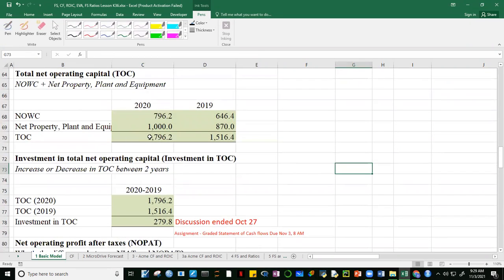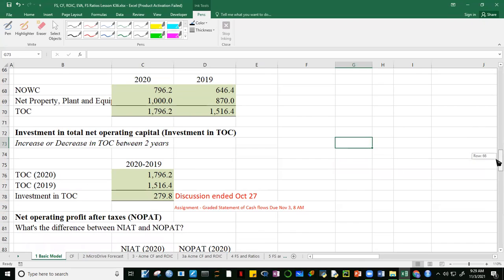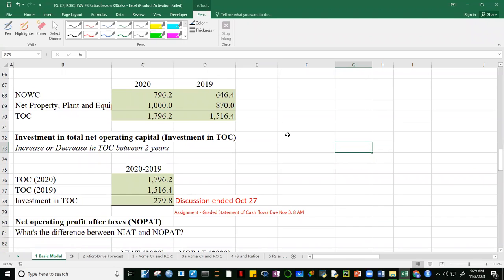Okay, so having computed for the TOC for 2020 and 2019, then we can easily now compute for the net investment. At the beginning of 2020, which is the end of 2019, the company had a total operating capital of 1516.4. At the end of 2020, it grew to 1796. The implication of which is that there was an investment.